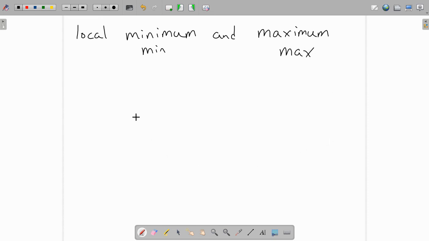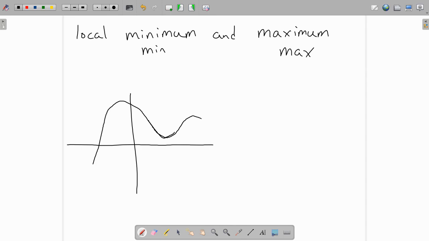Okay. So let's just say we had a graph that looks something like this. This point up here and this point up here, even though these are not the same height, are both local maxes.